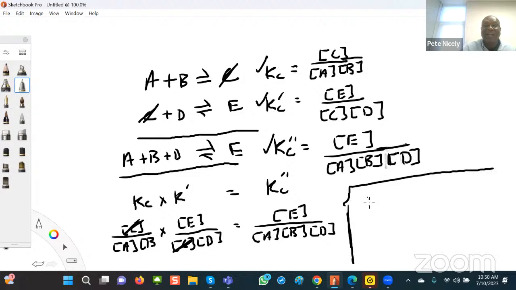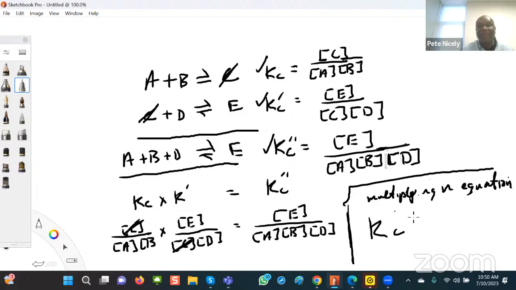So if you're multiplying n equations, in this case we were doing two, but this applies to any amount of equations, then the new Kc value, I'm going to call it Kc prime, would be equal to K1 times K2 times K3 all the way to Kn.